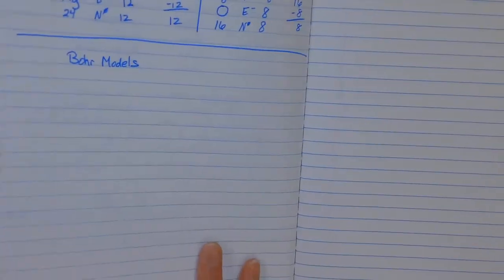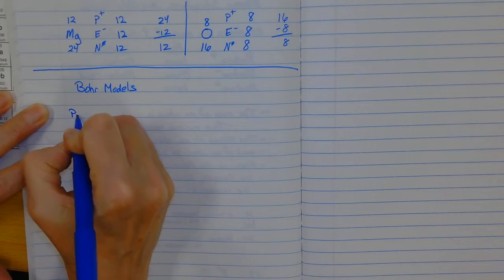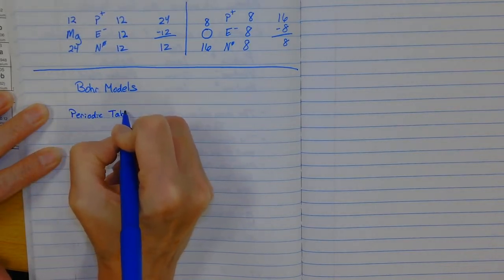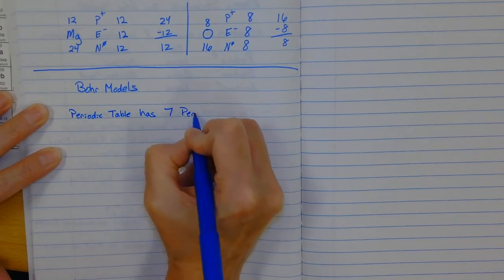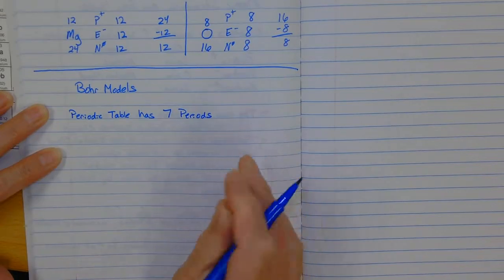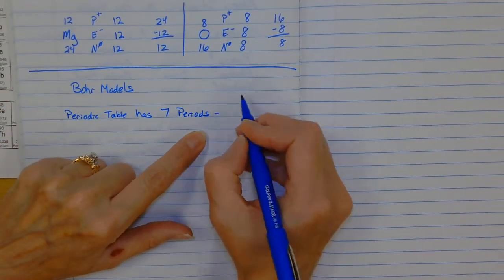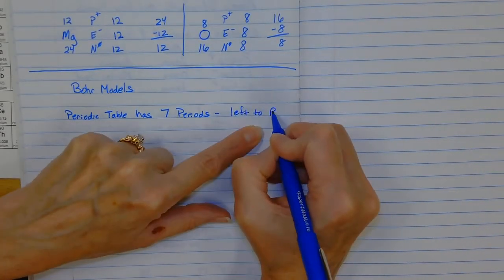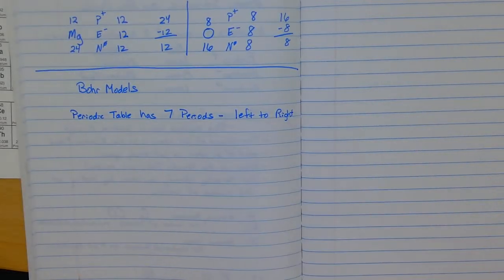Okay, so you have 7 periods on the periodic table. So let's write this down. So the periodic table has 7 periods. Okay, and they move left to right, like you would write a sentence, left to right, end with a period.